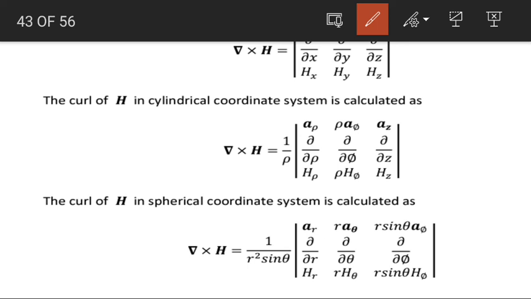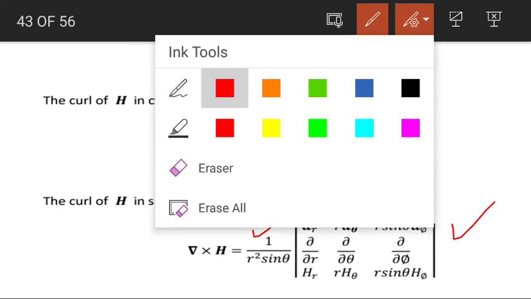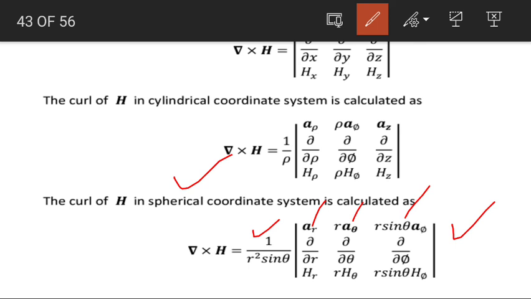If the magnetic field intensity is in the spherical coordinate system, then we use this particular determinant to find the curl of the magnetic field intensity. The curl will be equal to 1 over r square sine theta. We have a r, r a theta, r sine theta a phi. In the second row, we have curly by curly r, curly by curly theta, and curly by curly phi.